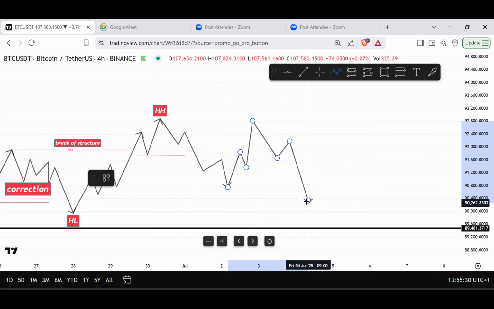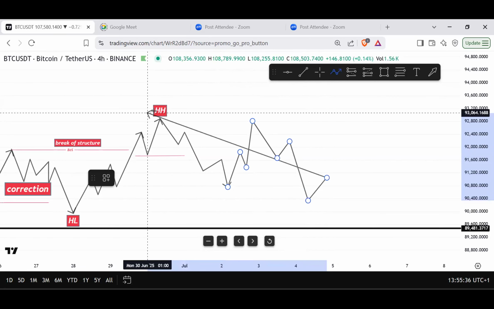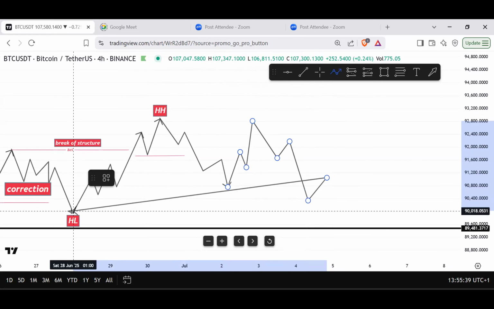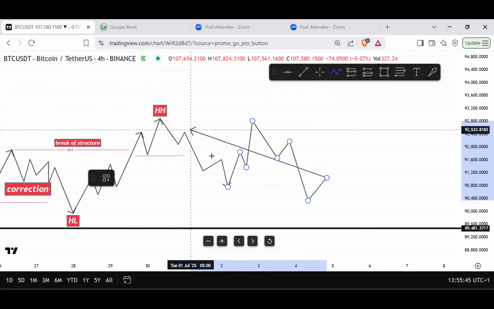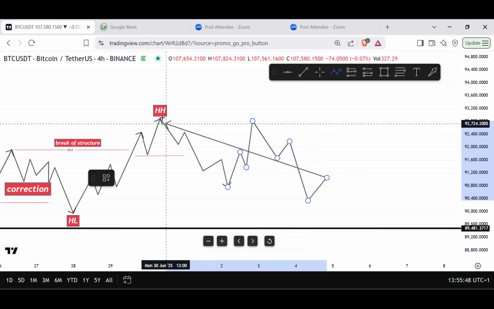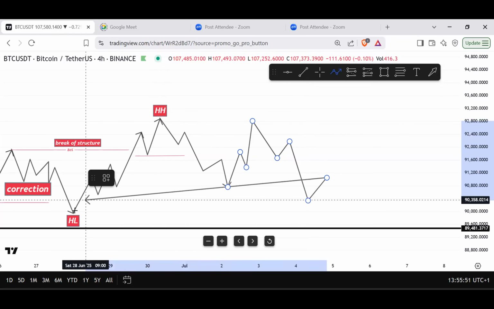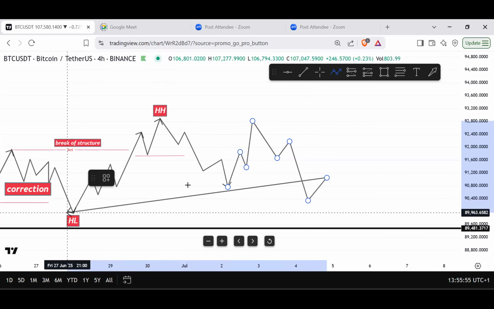This is all part of the correction only, until it breaks either above this higher high or below. That's when you know that it's no longer correction.